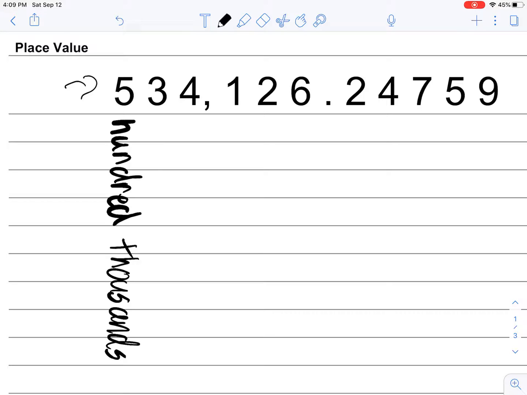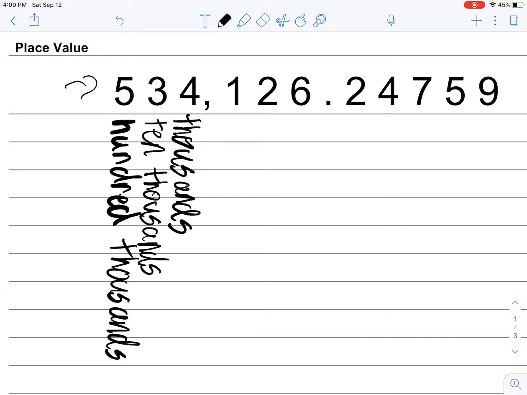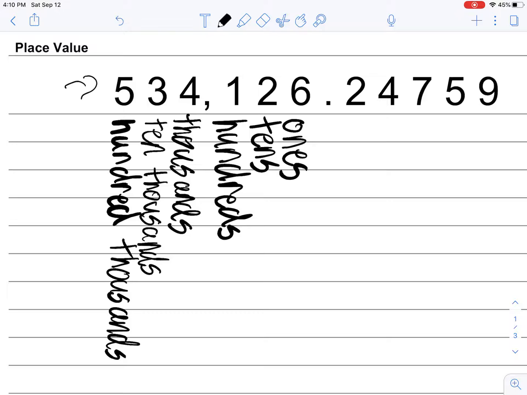Okay? The 3 then is the 10 thousands place. The 4 is in the thousands place. The 1 is in the hundreds place. The 2 in the tens place. And the 6 is in the ones place.